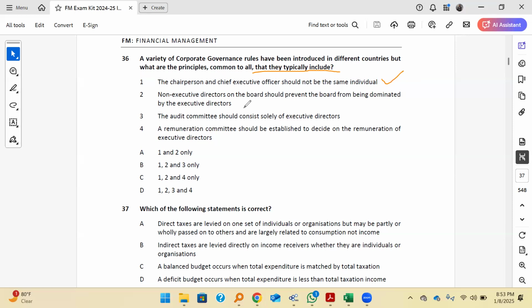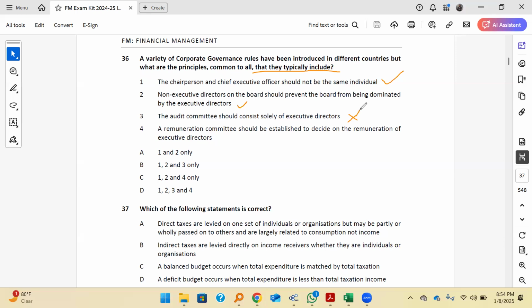That is also correct. The audit committee should consist of executive directors. So this one, you know it's wrong because we already talked about the audit committee and we said it should have independent non-executive directors.